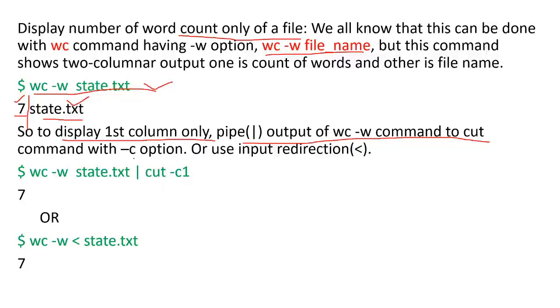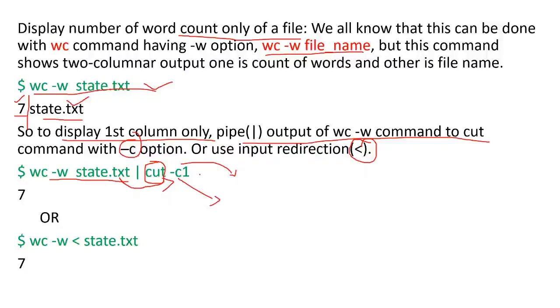The cut command is used with the option -c, or you can also use this other option. See the example. What is the output of this command? It will count the number of words, and that will be supplied as input to this command. We have used the cut command here, which means it is going to cut. Hyphen c means it is going to cut column wise.